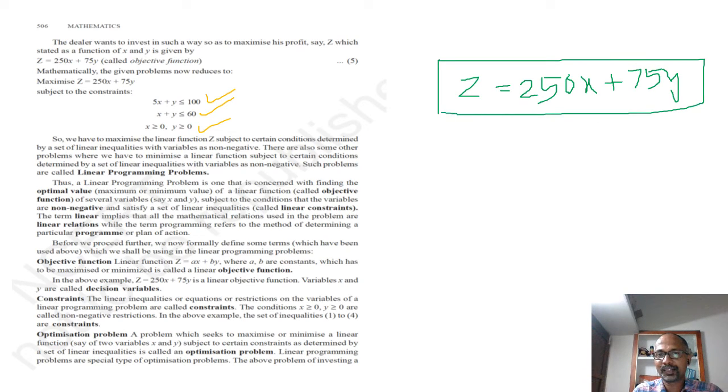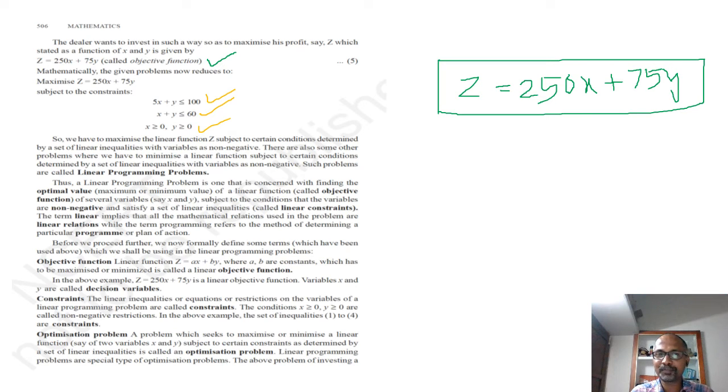Okay, this function is called the objective function. So the above problem we mathematically formulated. We brought the above context into mathematical terms.